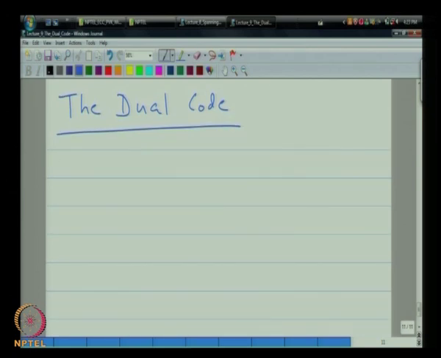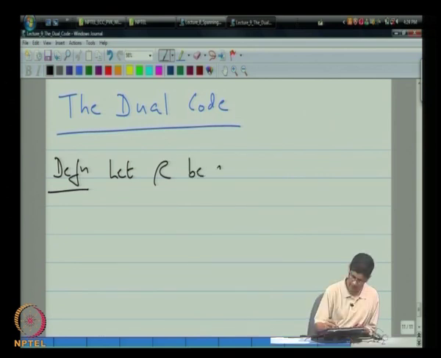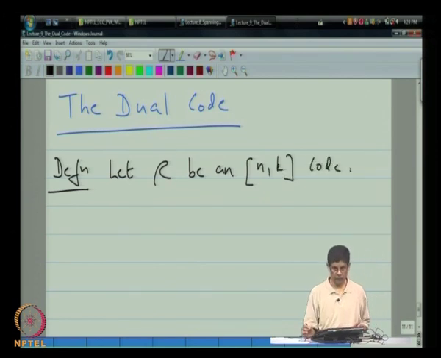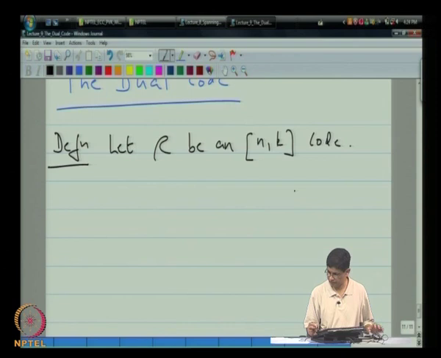So, definition: let C be an (n, k) code. If you will recall from the last lecture, we explained that this is notation for a linear code whose block length is n and whose dimension is k.